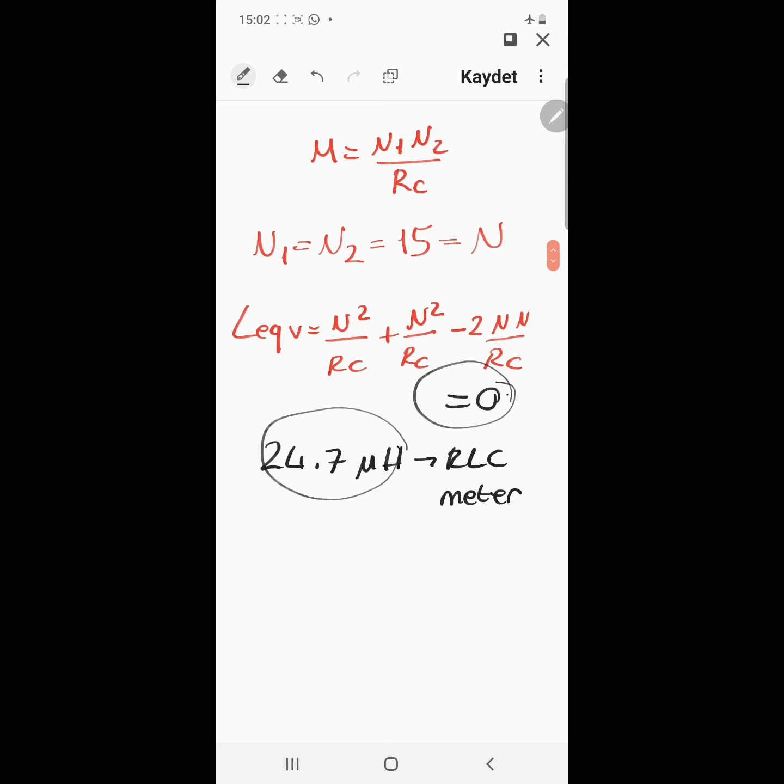This difference may arise from errors in the toroidal core we used or errors in the RLC meter. In the real world, nothing is ideal and the assumptions we made while calculating the quantities are generally not valid. So I finished answering the questions in the Laboratory 1 experiment video. Thank you for listening.